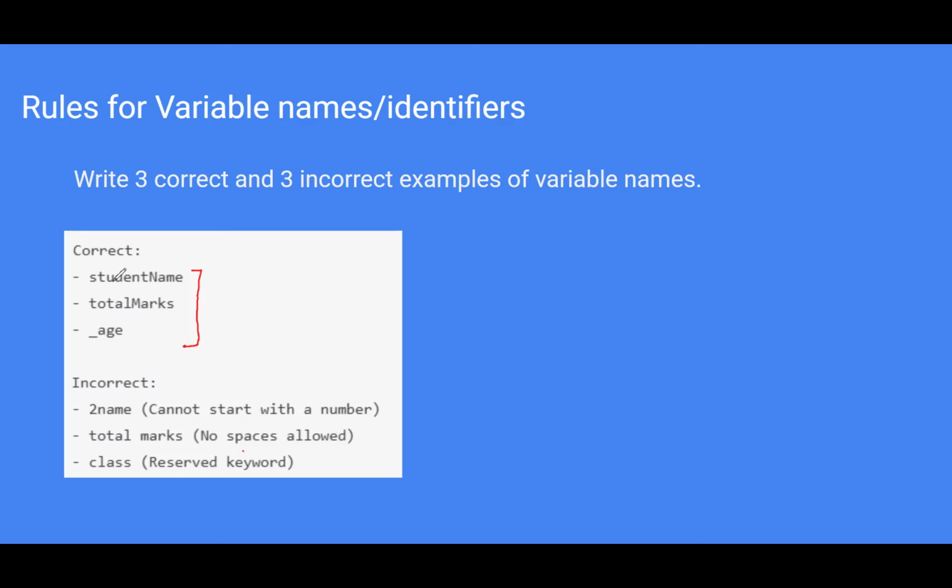Always we start with a lowercase letter, and if we have a second word, like student and name, we put the second word with a capital letter. The same goes with total marks. Here is small, here is capital, and both are acceptable. Even if you start your variable name with an underscore, it is also acceptable.